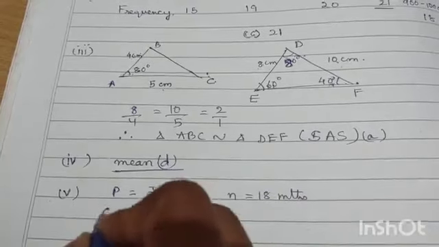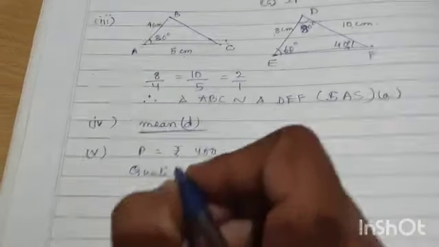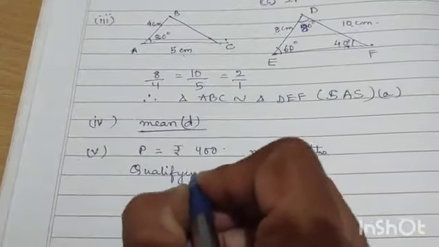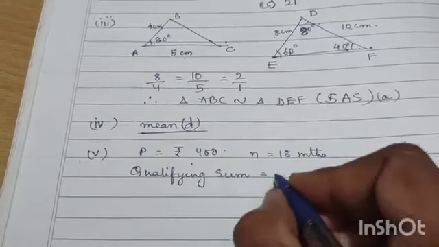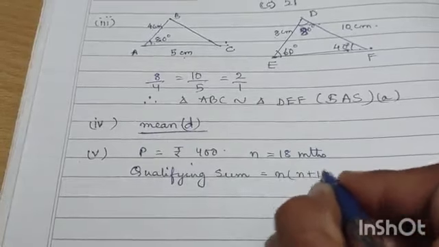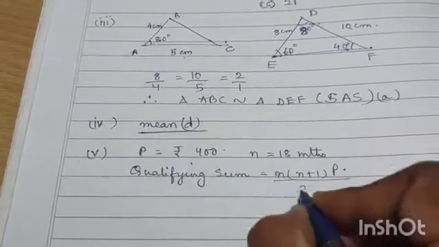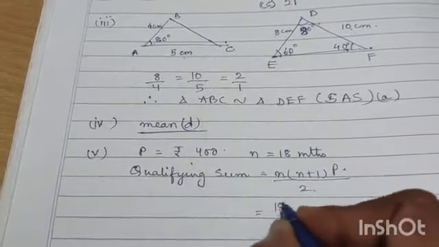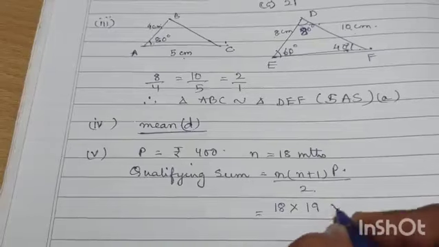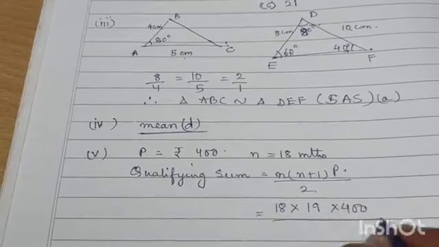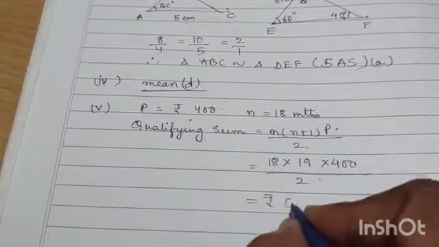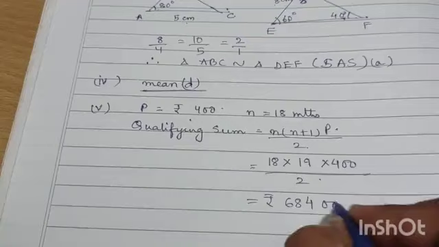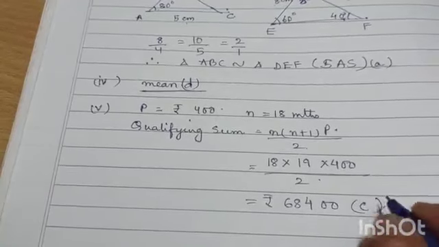So qualifying sum, formula is N into N plus 1 into P by 2. So we substitute the values 18 into 19 into 400 by 2, which on calculating we get rupees 68,400, and the option is C.